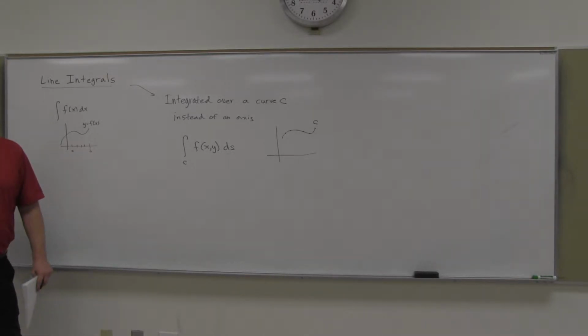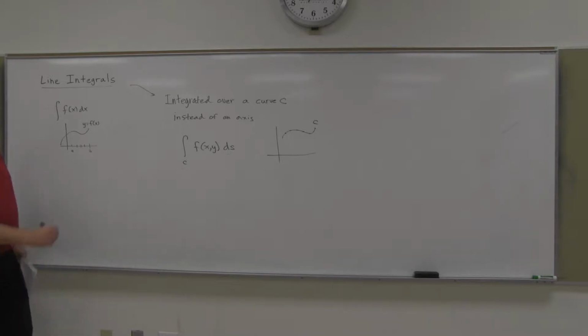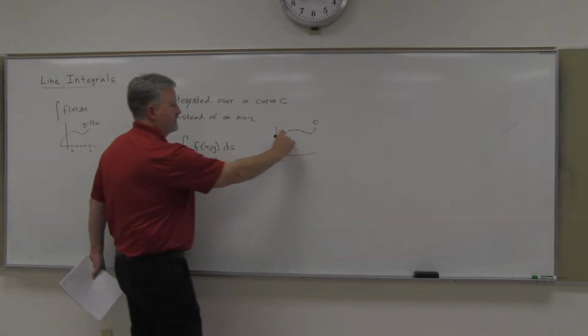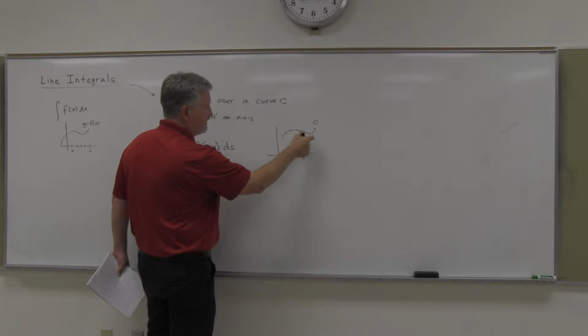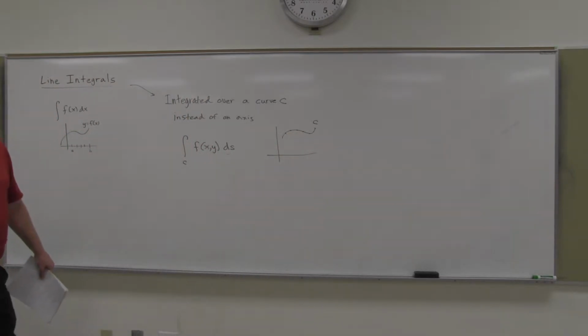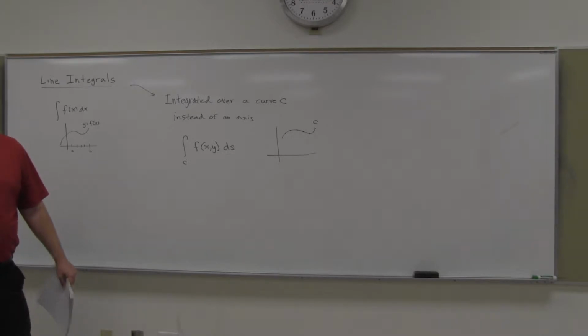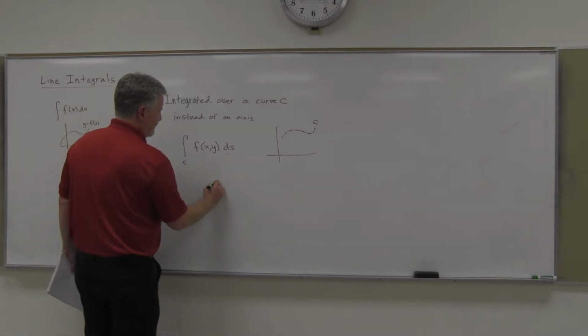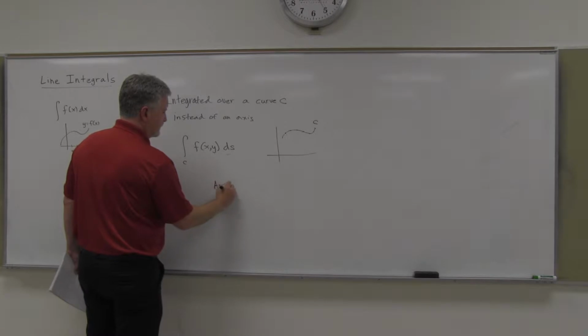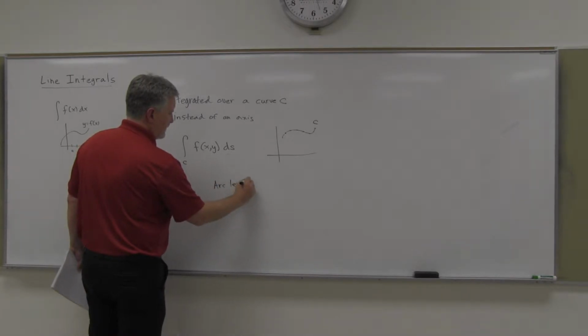I'm integrating over that curve, and really I'm integrating over each of these parts separately. Think about it, the arc length of each one of those, which is really why I do it that way. Remember what arc length was? This comes up when we go to the definition.